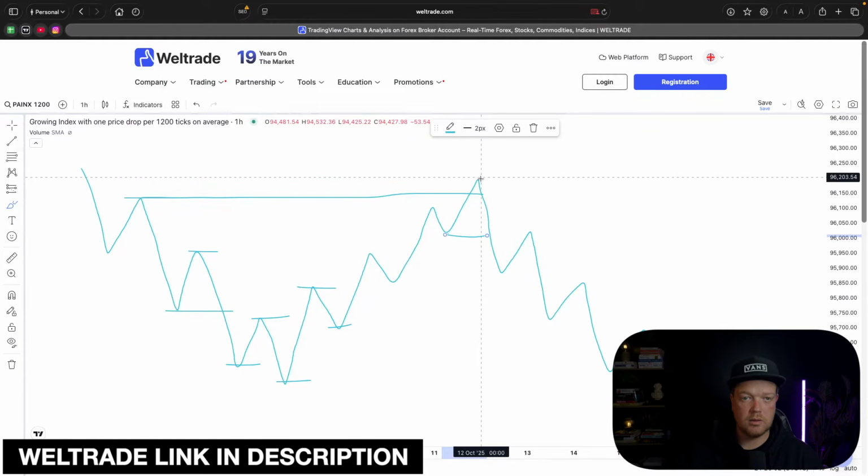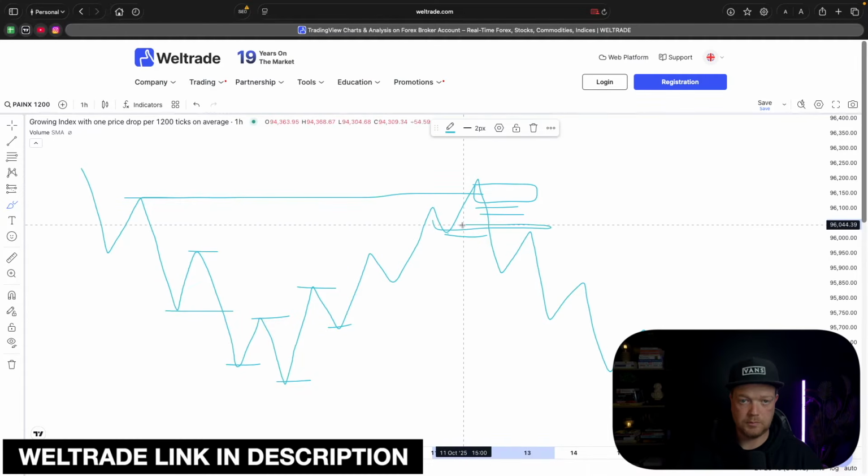So what we want to look for then, and this is almost the same as Hanre's strategy, when we break the structure right over here, we are looking for order blocks, fair value gaps, breaker blocks, any type of POI that's in this leg.